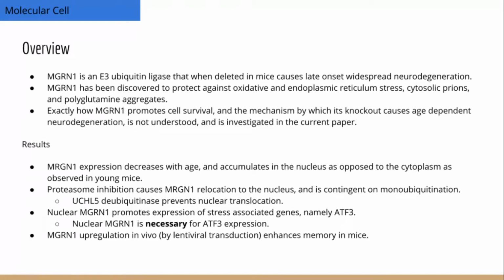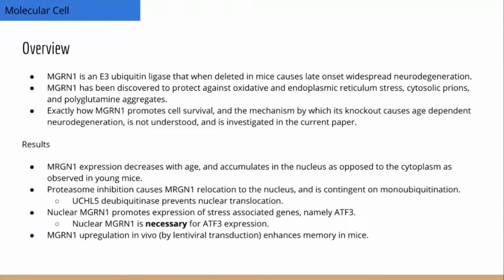Indeed, they discovered that proteasome inhibition was sufficient to cause MGRN1 translocation to the nucleus, and furthermore, this relocalization of MGRN1 was contingent on its monoubiquitination. The authors noted that two proteasomal-bound deubiquitinases, UCHL5 and USP14, both were causing the deubiquitination of MGRN1 and thus were promoting its localization in the cytosol.